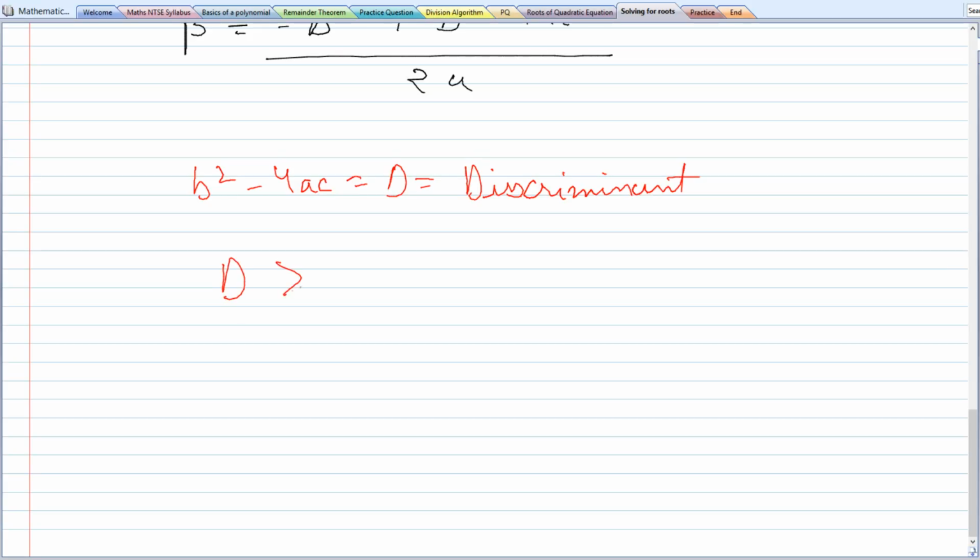If d is greater than 0, I have two real roots for the equation.